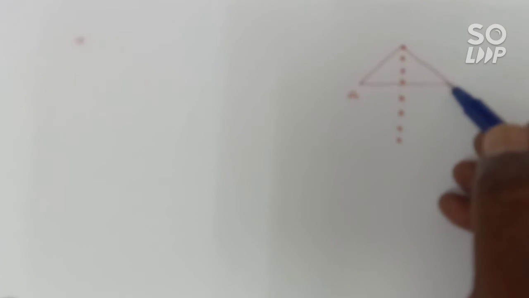Here the locus of a point which is equidistant: this is one point, this is another point, and this is another point. All these points are equidistant from A and B. That means this length will be equal to this length, and similarly this length will be equal to this length.